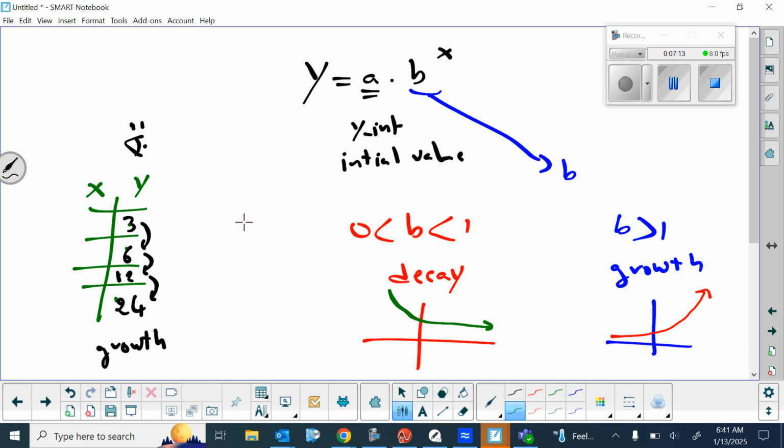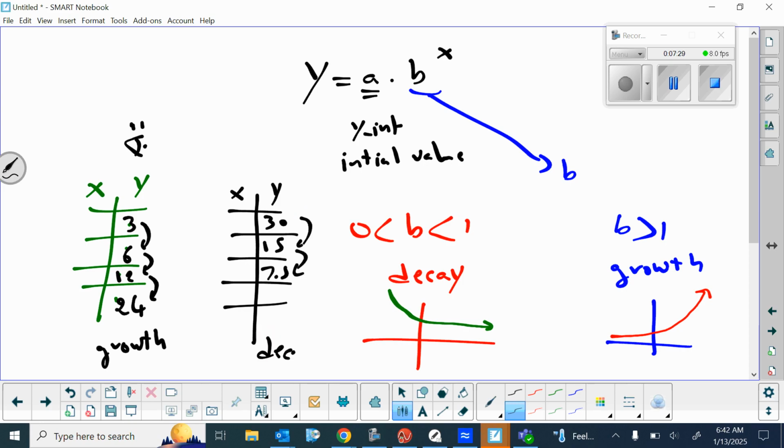The y values are increasing. If I have another table and you focus on the y, you see this is 30, this is 15, this is 7.5. You see how the y value decreases? Decrease means decay. So if you have a table, you can tell by the y values: if the y value decreases, that's a decay. If the y value increases, that's growth.